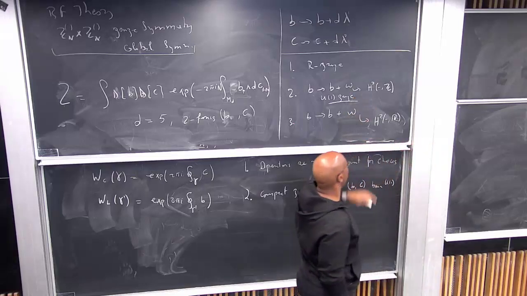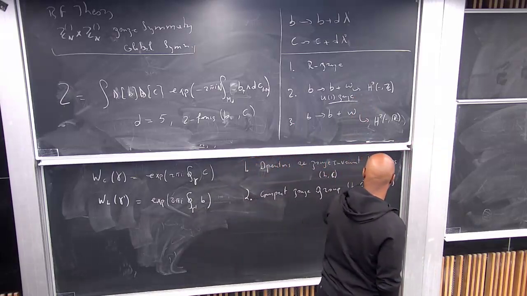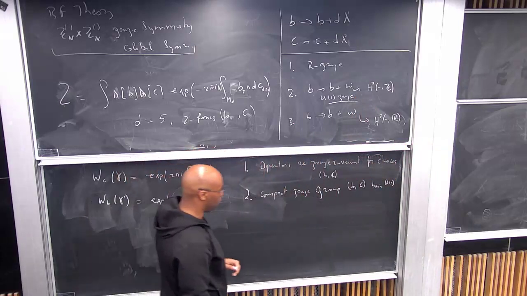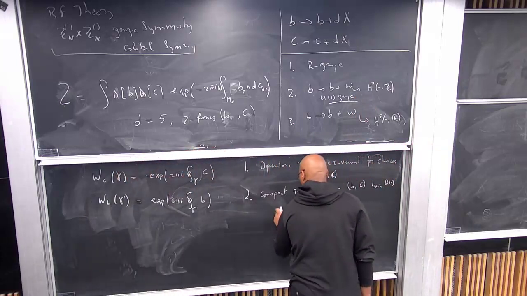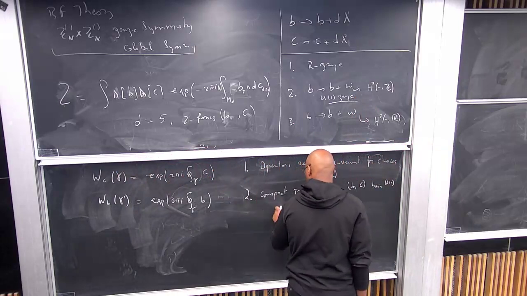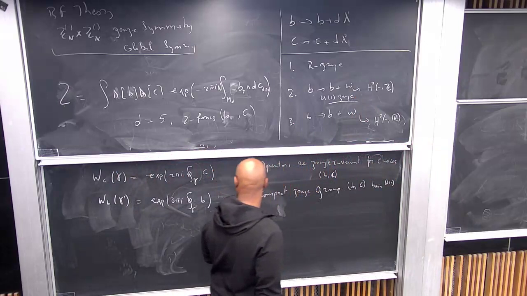So this second identification is identified, and in particular, when we say B and C are in U1, what we mean is that the holonomies are valued in U1, and the actual B, the ones that can contribute here, actually, I don't want to say this yet. We'll leave this point for later.